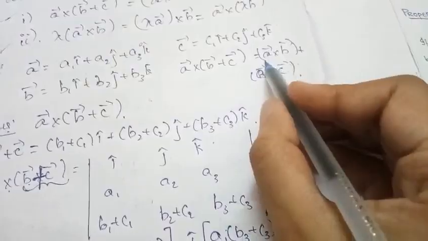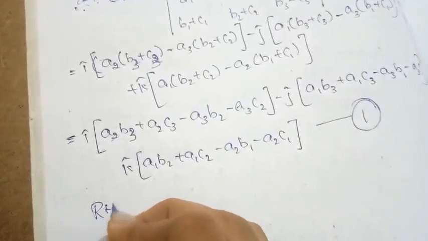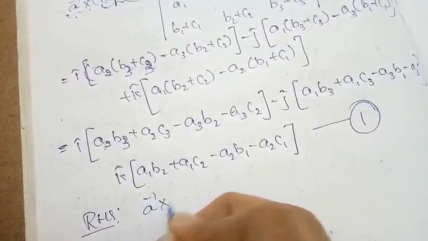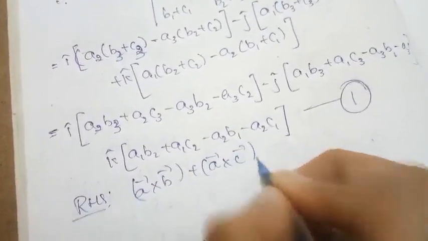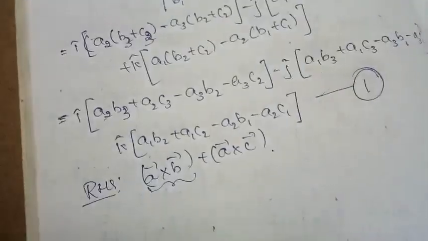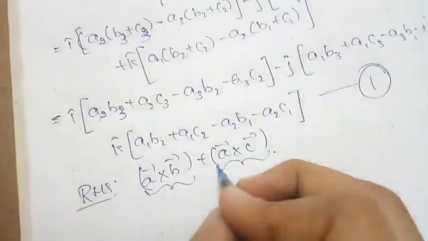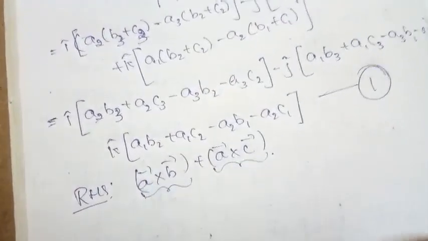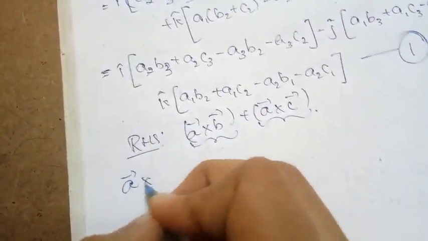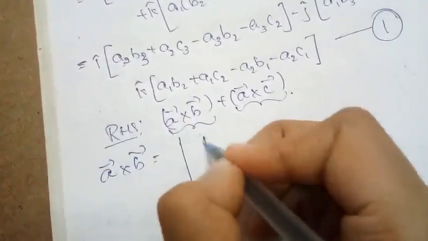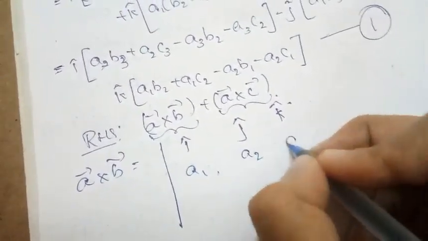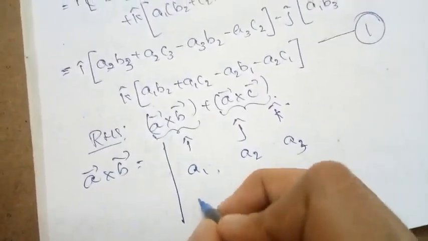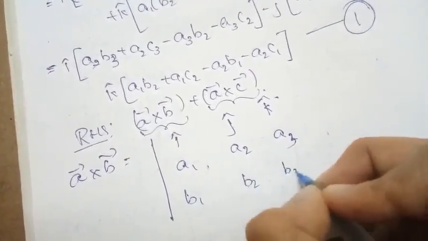We solved the LHS. What do we have in our RHS? We need to find vector A cross vector B plus vector A cross vector C. First let us find vector A cross B, then vector A cross C, then the sum of the two vectors. Vector A cross vector B is i cap, j cap, k cap, then the components of vector A, a1, a2, a3, and the components of vector B, b1, b2, b3.